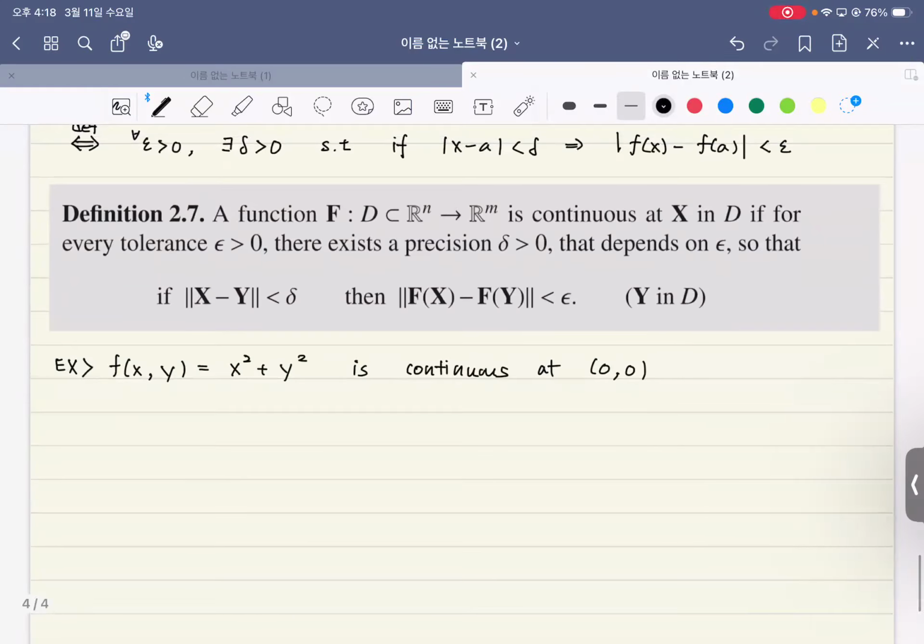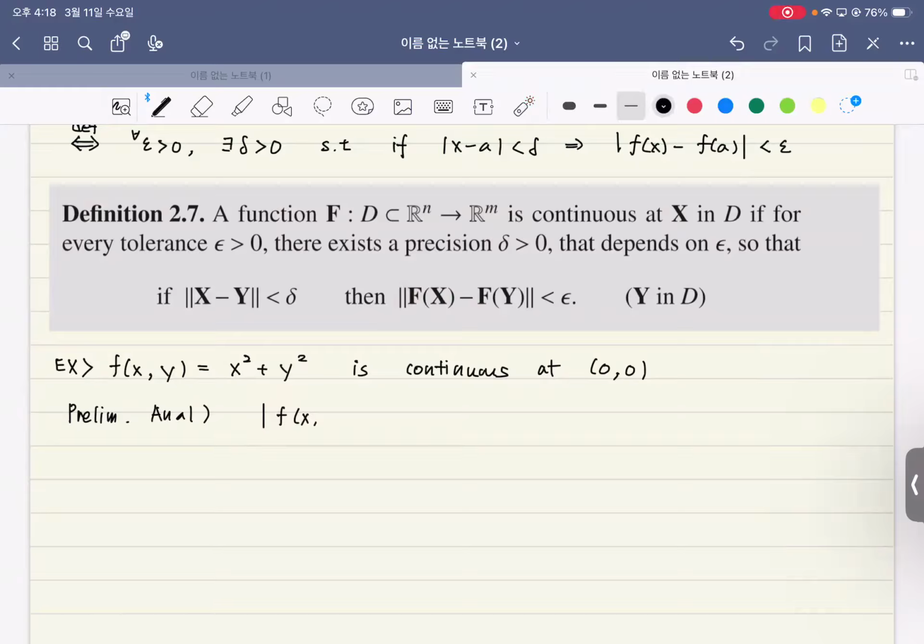Before I give you the proof, let me analyze under what condition the difference between f of x and f of 0 is less than epsilon. The domain of this function is R1, so in this case I can still use absolute values instead of the length.